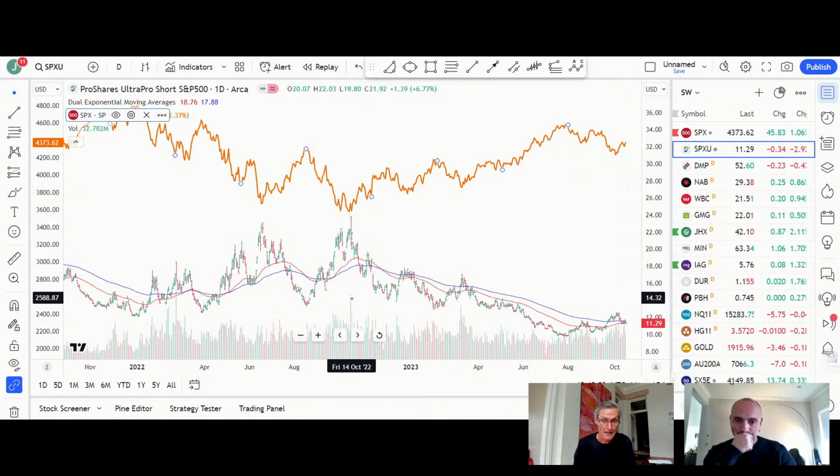Then there's a spike in activity on the day of the CPI release, where the market gapped lower and then started to rally. So that was your sign that all the people who wanted to sell had already sold. We'd reached that point of maximum fear, and that became a significant low.